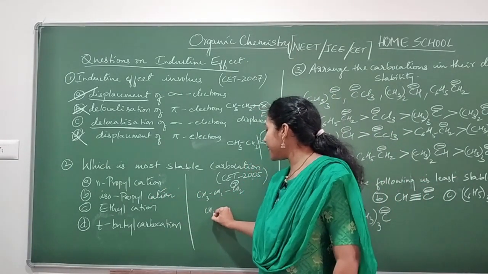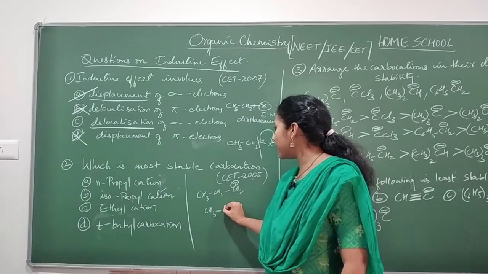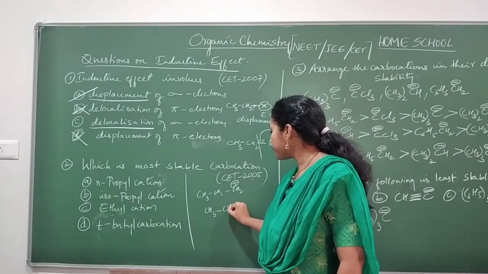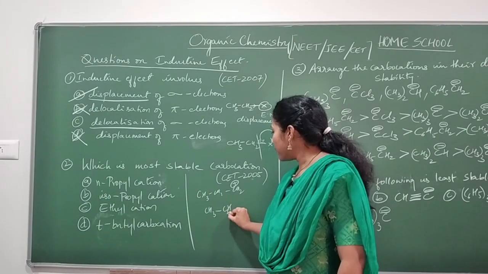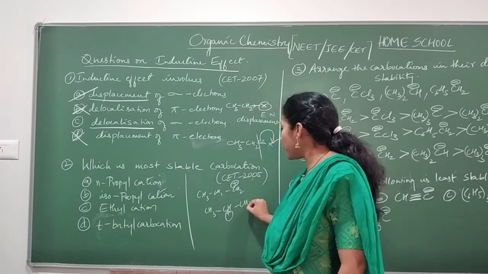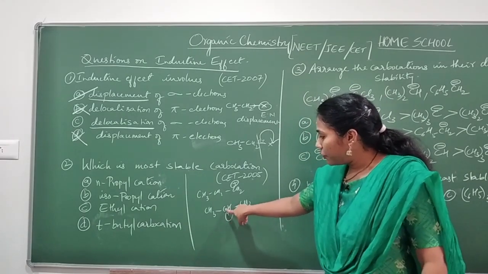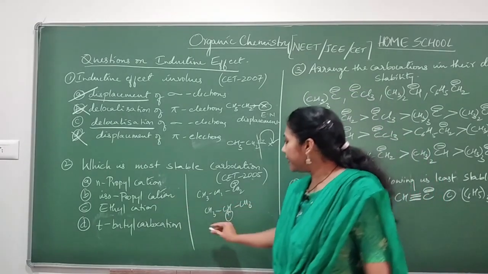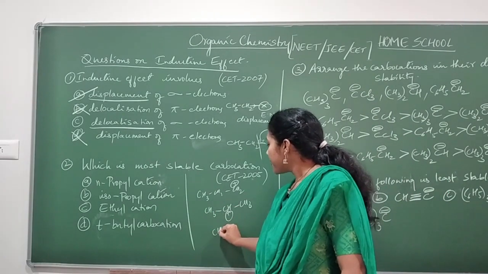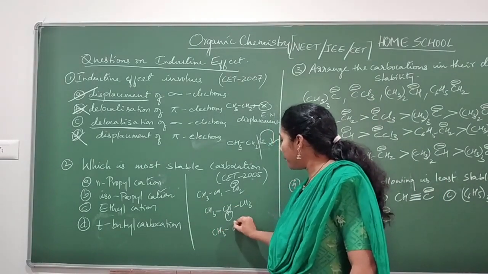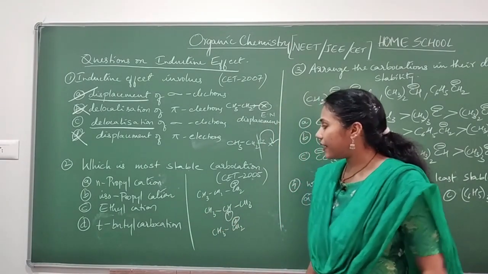So what do you mean by isopropyl carbocation? This one. This is what we call isopropyl carbocation. Secondary carbon. Ethyl cation, CH3, CH2 plus. This is ethyl cation.